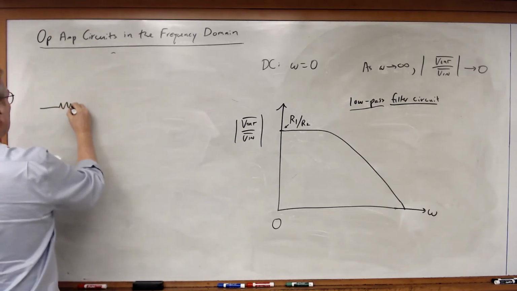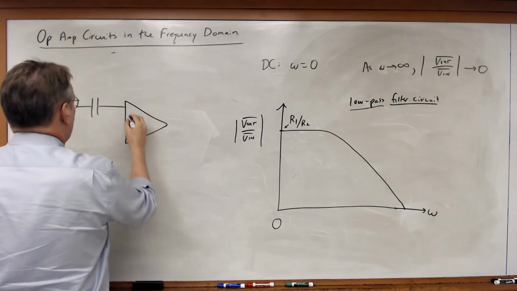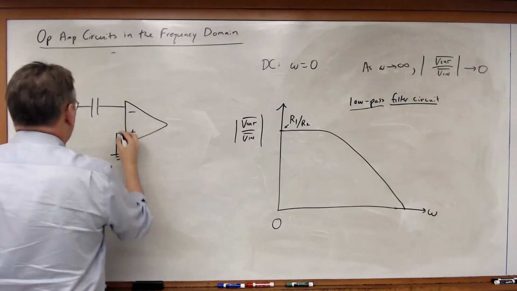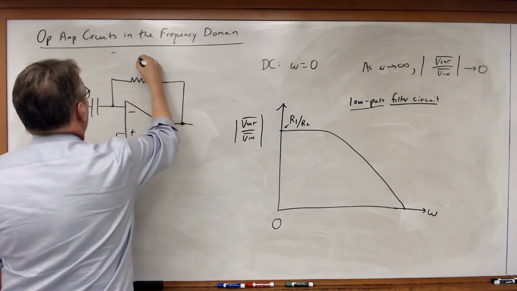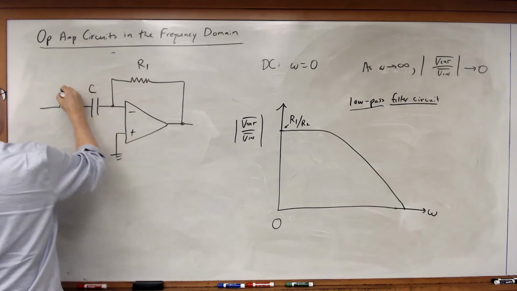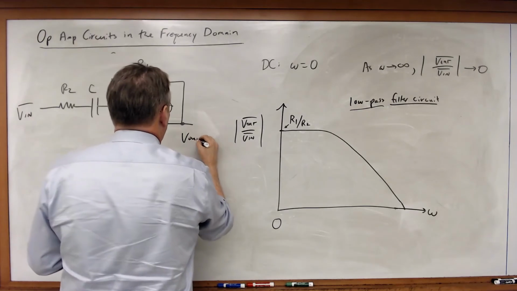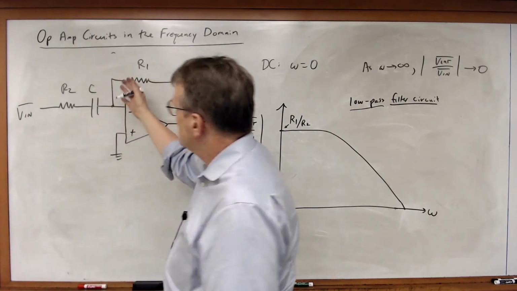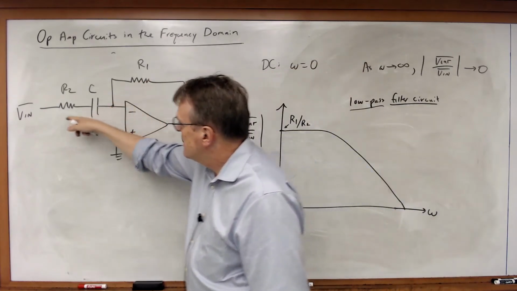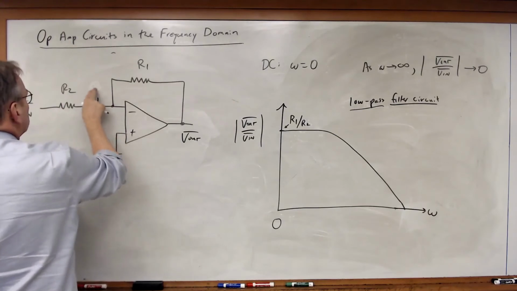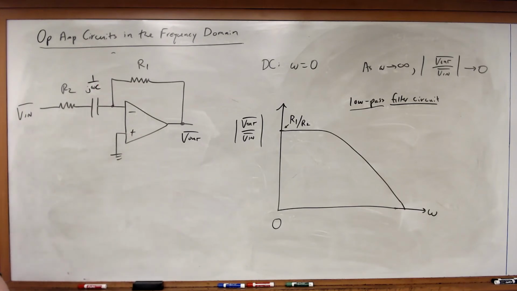What if I've got this circuit? Once again, I can plug this into the same form of that inverting amplifier with generalized impedances. Now this is equal to 1 over j omega c in series with R2.